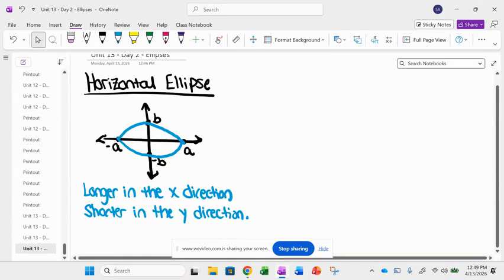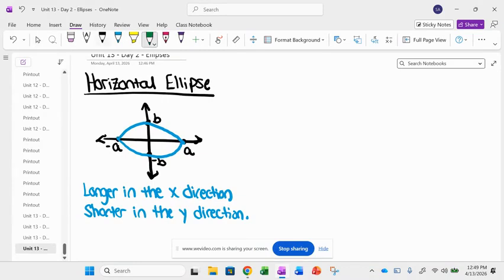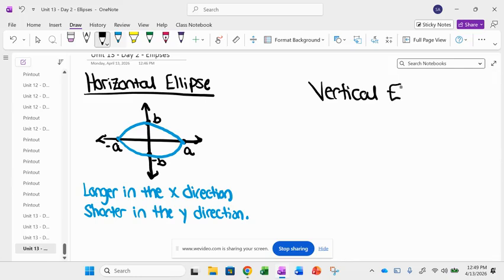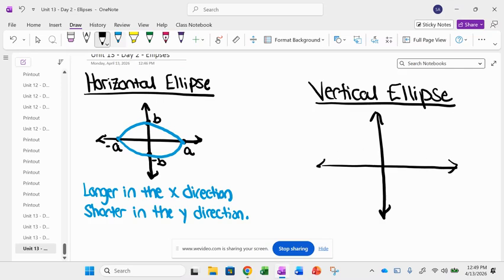So if that's the horizontal ellipse, let's bring us to a vertical ellipse. So if a horizontal ellipse is short and stout, a vertical ellipse is tall and skinny.